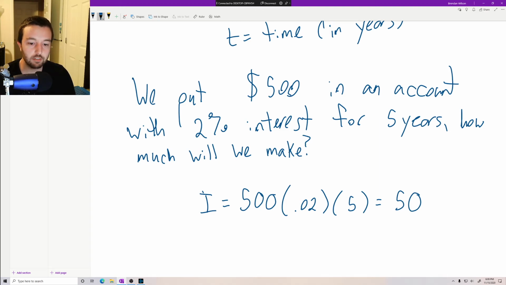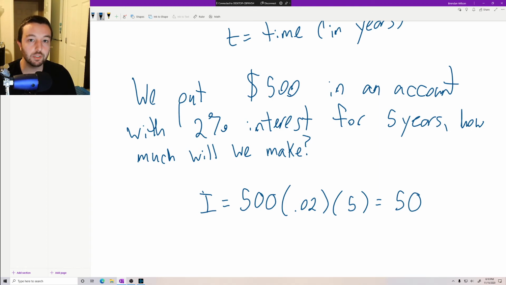So after the first year, if you have a 2% interest rate with $500, you would get $10. So then in the second year, now you have $510, and then you would make 2% off of that whole 510. That's how compound interest works. Here, you're just making 2% interest on that initial 500 every time.